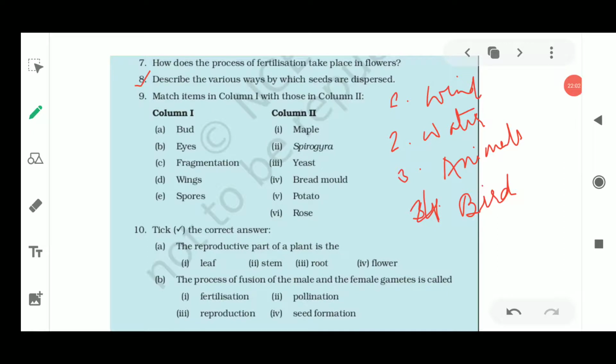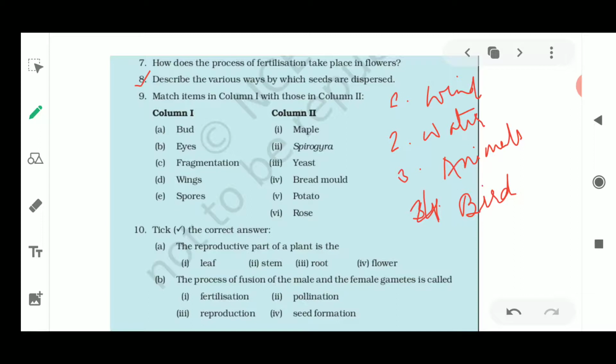They will be dropped from their beak, or it will be released onto the soil with their droppings. Okay, so the animals are also responsible, the birds are also responsible, and the seeds get stuck. The seeds are going to attach on the hairy animals' bodies.